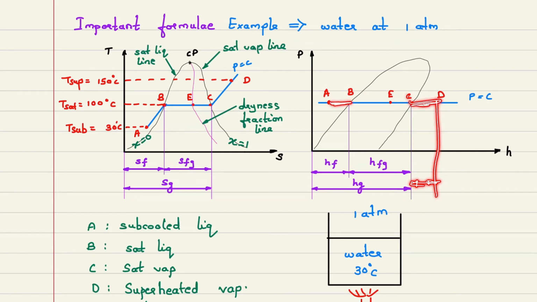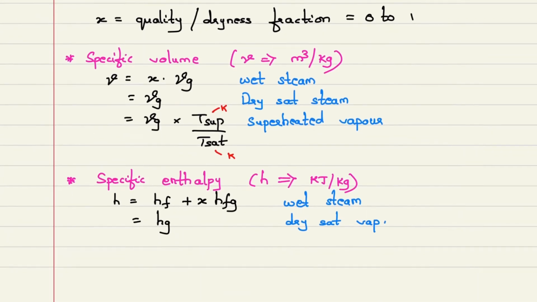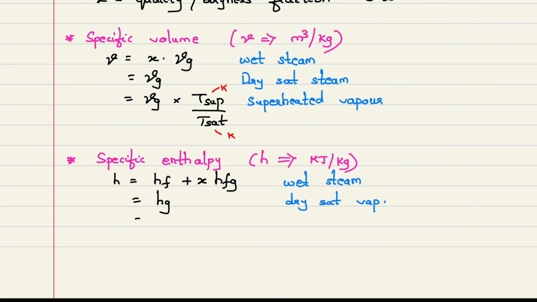Liquid is in this part and vapor is in this CD part. T sup is the higher temperature and Tsat is lower, so T sup minus Tsat. So H is equal to Hg plus Cp of vapor into T sup minus Tsat. This is the equation for superheated vapor, or steam if it is water.